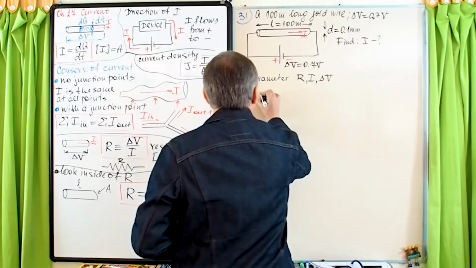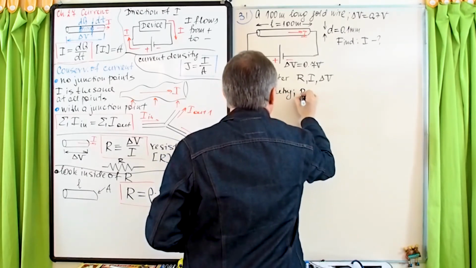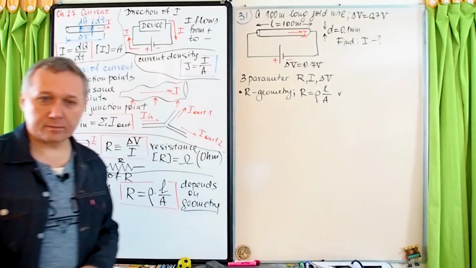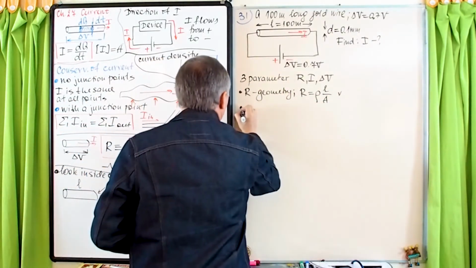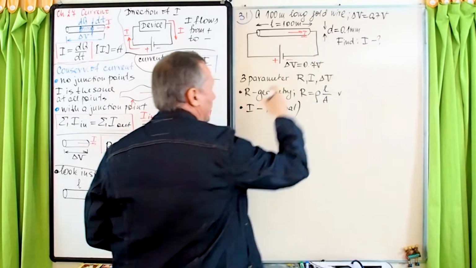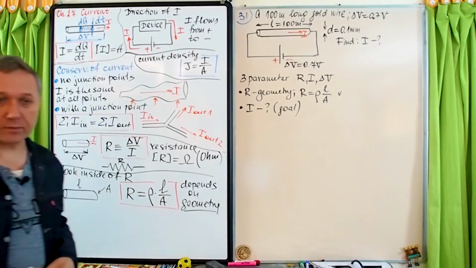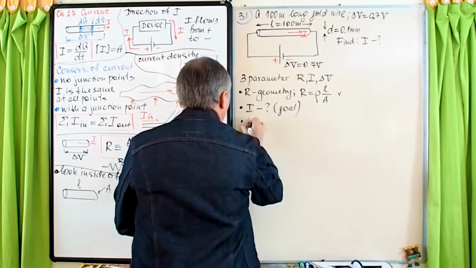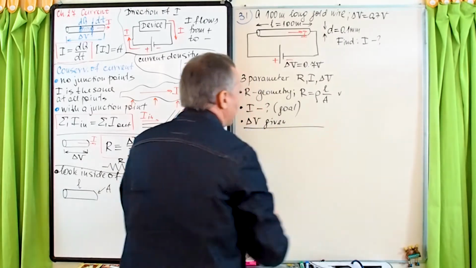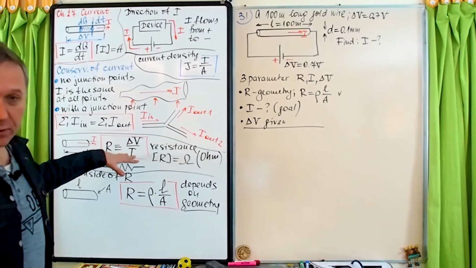Then current. That's our goal, that's what we need to find. And the last one, delta V, which is actually given: the potential difference across the wire.